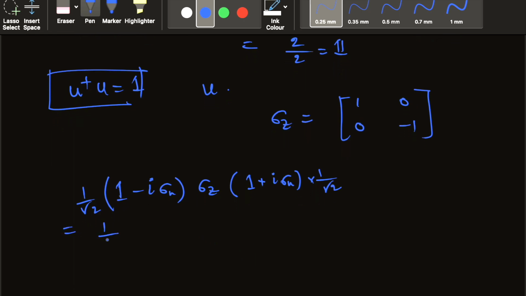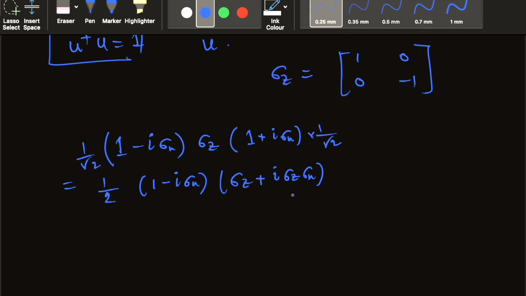That will give 1 by 2 (1 minus i sigma x) times sigma z plus i sigma z sigma x, and we know from our previous problem, I think problem number 8, that sigma z into sigma x will be i sigma y.